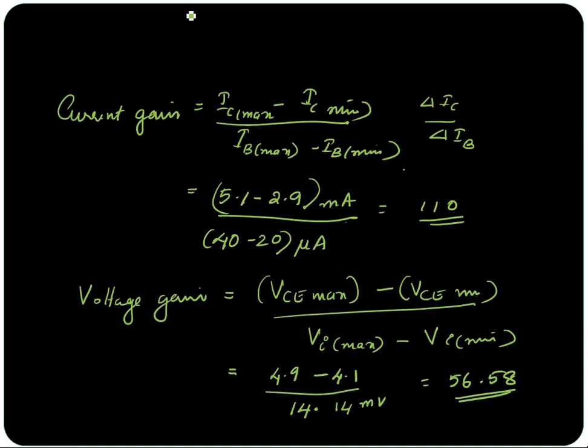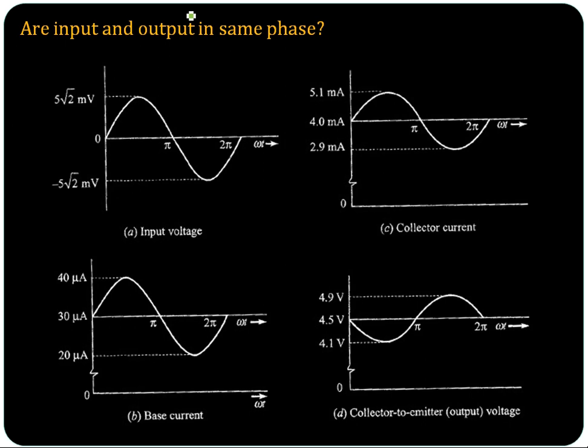Okay. Now what about the input and output phase? So input is varying between plus 5 root 2 and minus 5 root 2 millivolt, isn't it? And collector current is varying, for this particular circuit condition which we have just discussed, between 5.1 milliampere and 2.9 milliampere.